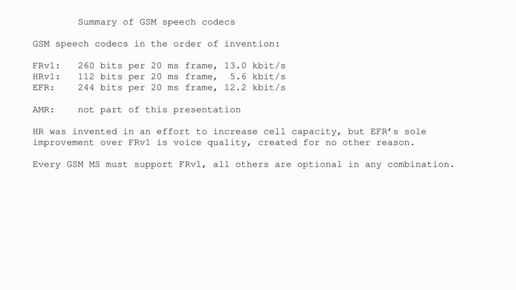The other thing people might not be aware of is for EFR: the only reason it exists at all is to make voice better compared to plain FR1. There's just no other reason for its existence. It doesn't give you any other benefit.